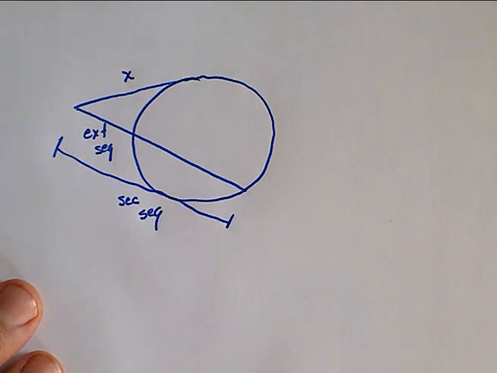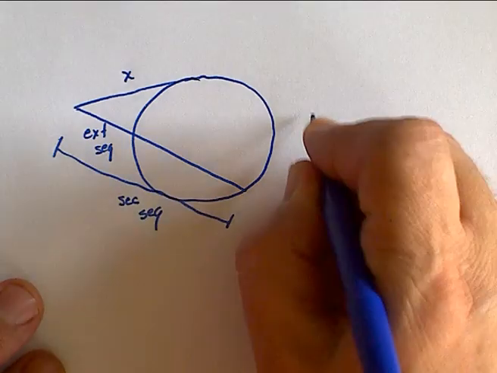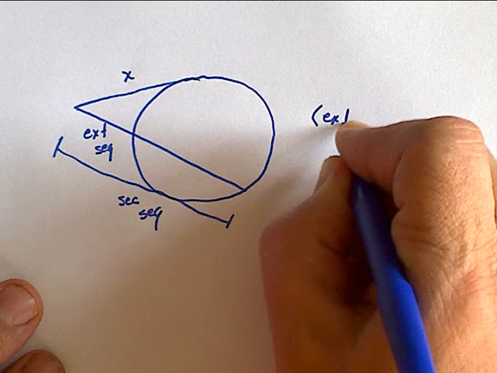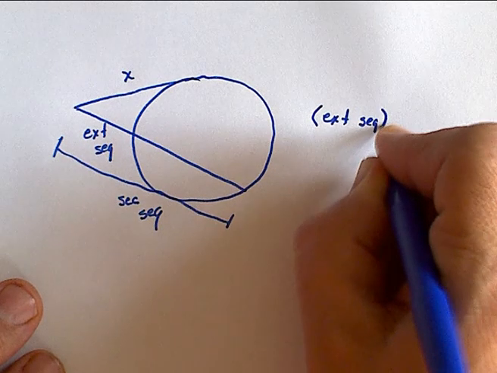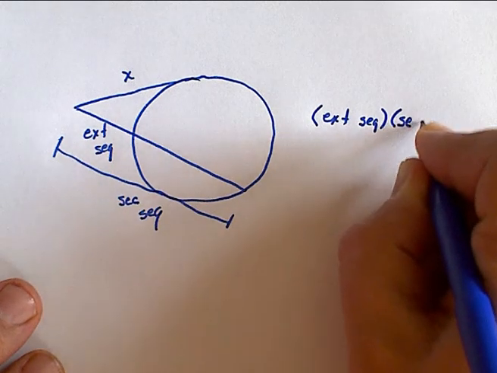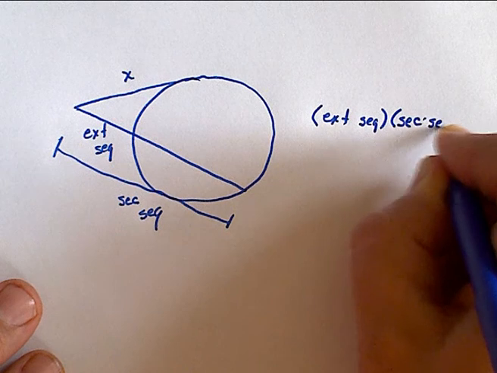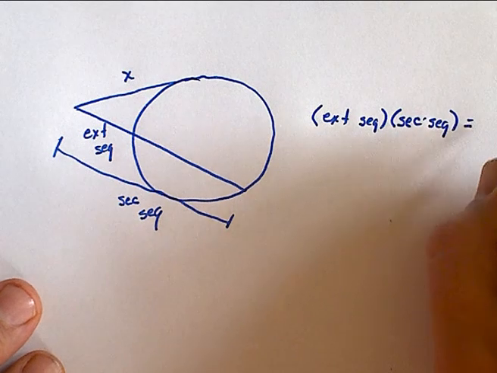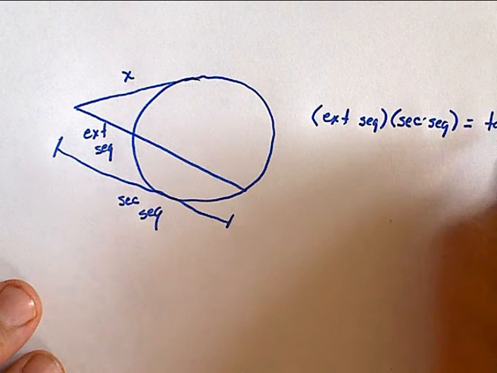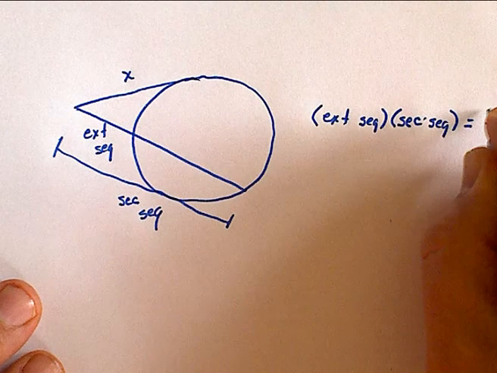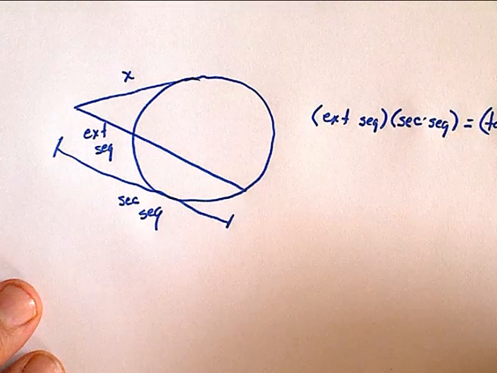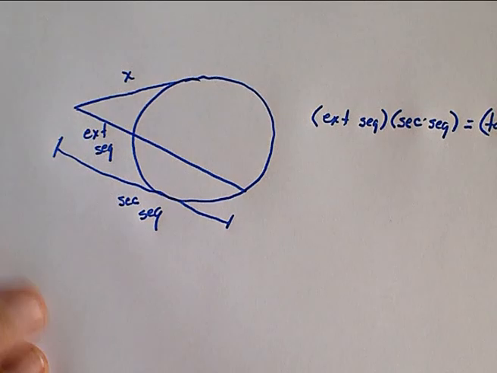Okay, with the secant part, we work exactly as we have before. The external segment times the secant segment equals the tangent segment squared. That's how you get your second value.